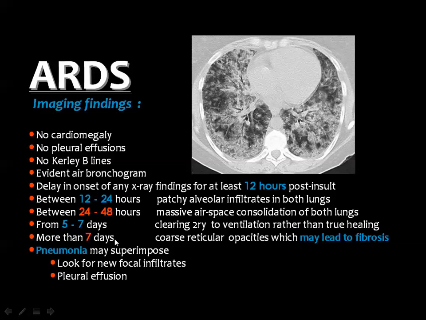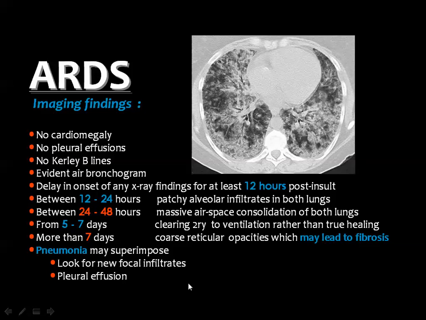Then within 48 hours, you get massive airspace consolidation. Within 7 days, you get some clearance, which is usually attributed to ventilation rather than true healing. And after 7 days, permanent lung damage starts, which may progress to fibrosis.